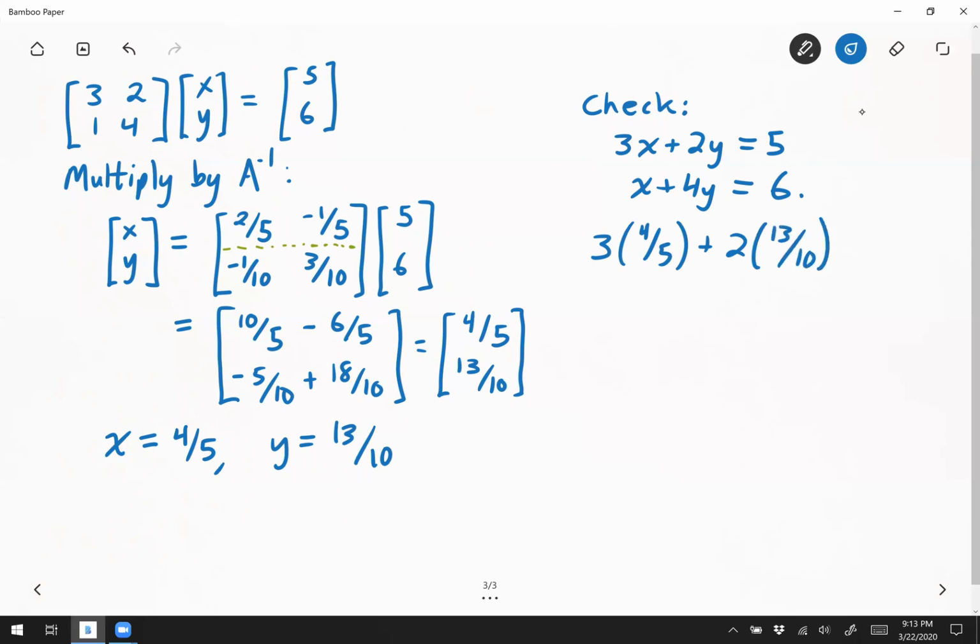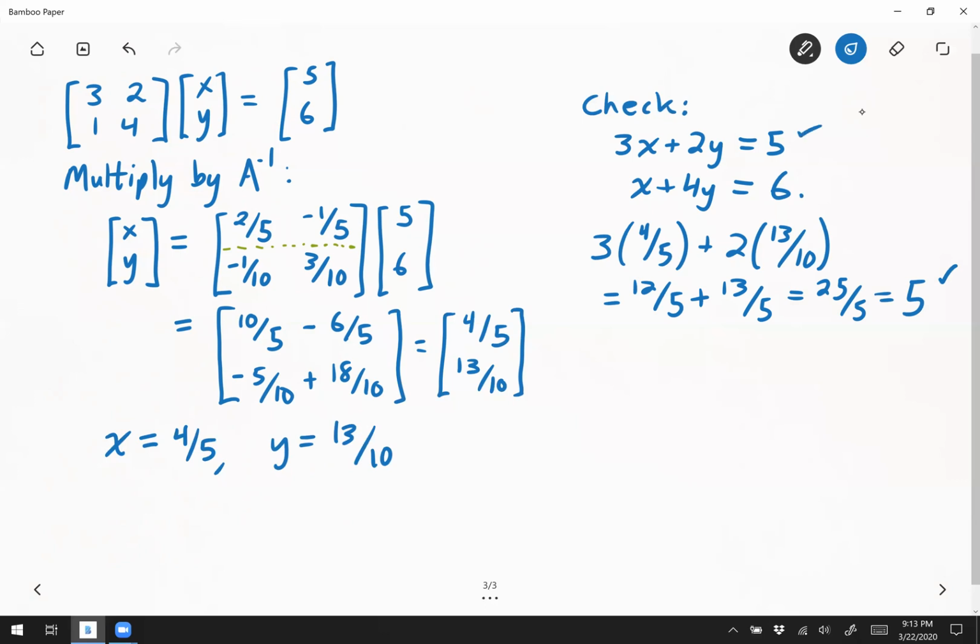This is going to be 12/5 plus, we can reduce this a little bit. The 2 and the 10 reduce to 1 and 5. So I'm left with 13/5. But 12 plus 13/5 is 25/5, which gives us 5. That checks with our first equation.